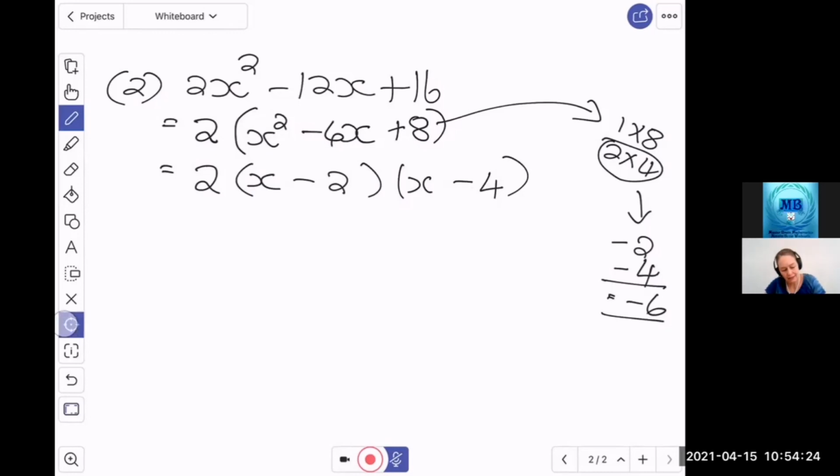So again, we can have a check: if we multiply the first two, we will get the x squared. The negative 2x plus the negative 4x will give us the negative 6x, and the negative 2 times the negative 4 will give us a positive 8. So there we have done our complete factorization of the original expression.